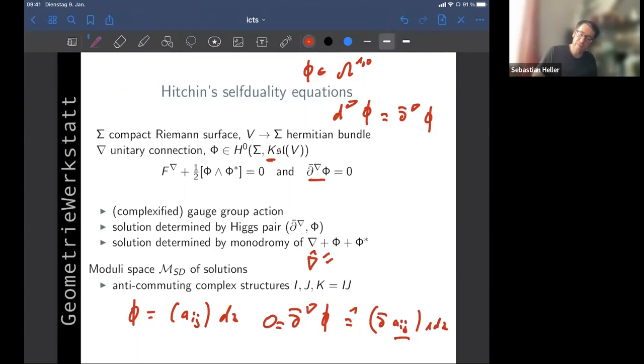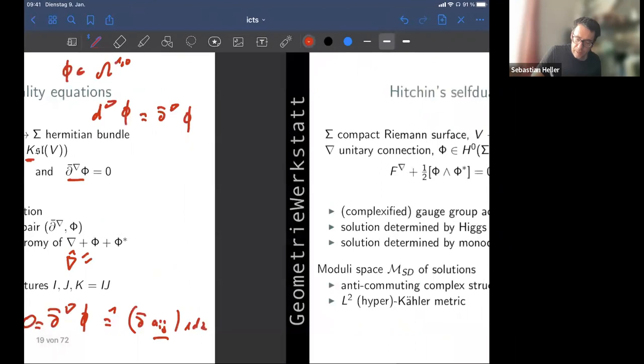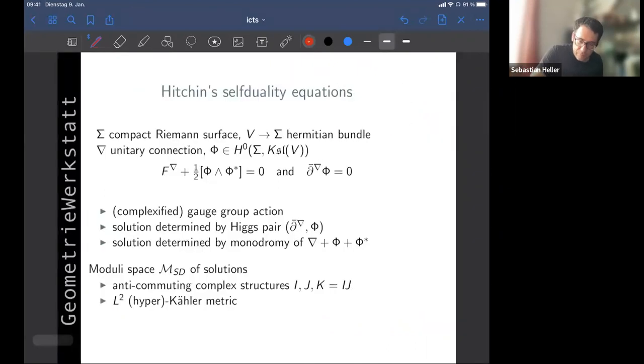So, for example, from the Higgs bundle point of view, from looking just at the holomorphic bundle and the holomorphic Higgs field, what we get is this complex structure I. So you directly see that it's a complex manifold by going through that quotient construction.